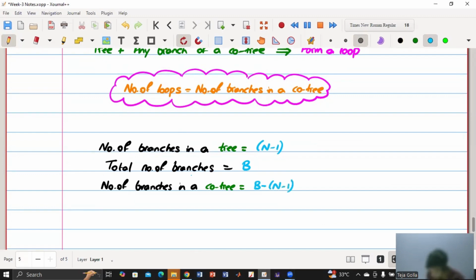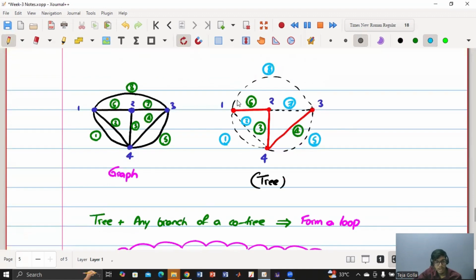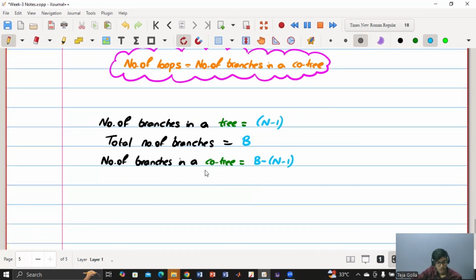Agree? Total number of branches minus the branches in the tree is the branches in a co-tree. Total number of branches minus this red color will give us the dotted color branches. Here, how many total branches do we have? 8. Minus how many are we subtracting? 3 will give you 5, which is 1, 2, 5, 7, and 8. Agree? Yes, sir.